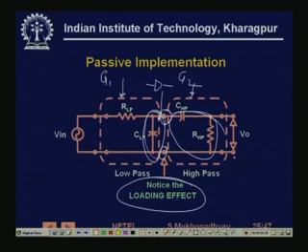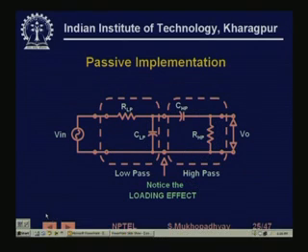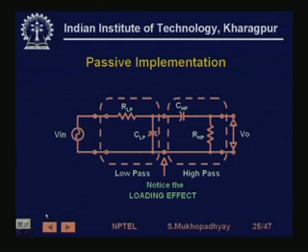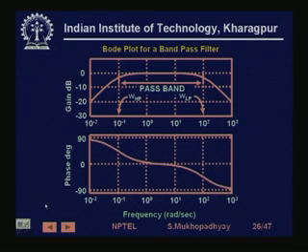So that will happen. This is a typical band pass plot as we have shown: low at the low frequencies, low at the high frequencies, and in between high.